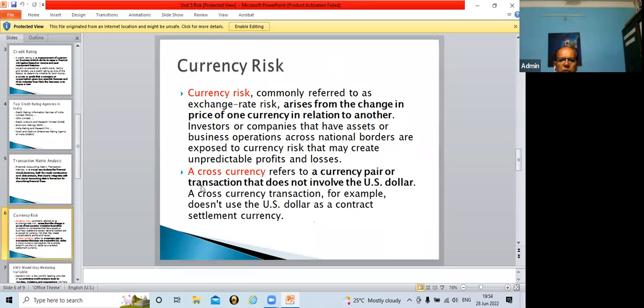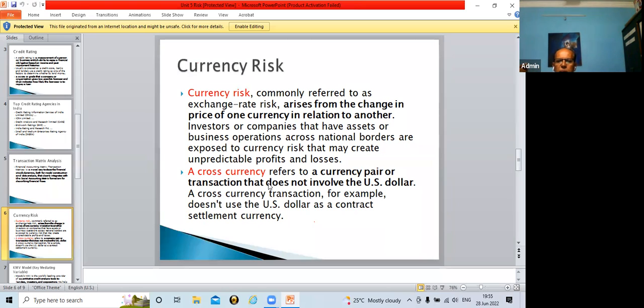Now another term is cross currency. What is cross currency? It refers to a currency pair or transaction. As I told you, there is a pair like Indian rupee and dollar, Indian rupee and euro, Indian rupee and yen.